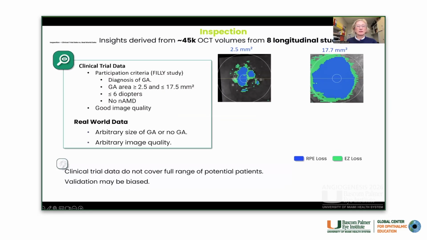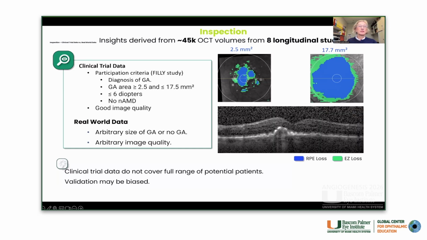It is very clear that clinical trial data do not cover the full range of potential patients, and validation may be biased. Our insights derived primarily from 45,000 OCT volumes coming from 8 longitudinal studies, such as the Philly study shown here, and its criteria, which are very precise in terms of the conditions of the lesion.